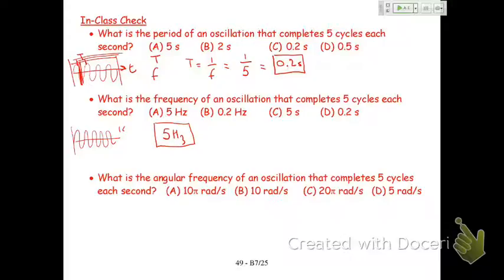And then what is the angular frequency of an oscillation that completes 5 cycles once per second? So my angular frequency, omega, is equal to 2 pi f. I've got that ingrained in my head. So omega is equal to 2 pi times 5, which equals 10 pi radians per second.